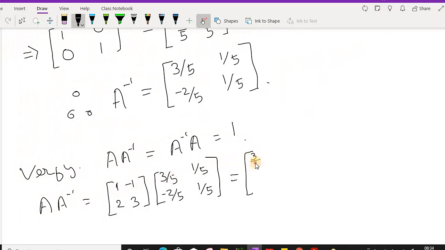1 into 3 by 5 is 3 by 5, minus 1 into minus 2 by 5 is plus 2 by 5. 1 into 1 by 5 is 1 by 5, minus 1 into 1 by 5 is minus 1 by 5. 2 into 3 by 5 is 6 by 5, 3 into minus 2 by 5 is minus 6 by 5. 2 into 1 by 5 is 2 by 5, 3 into 1 by 5 is plus 3 by 5.